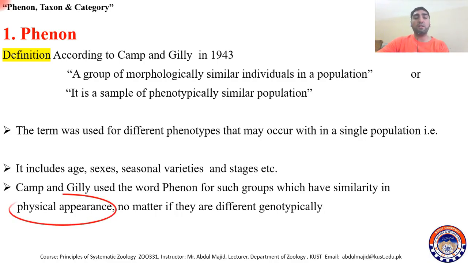So the physical appearance actually matters here in the definition of Kemp and Gilly. If the physical appearance of some organisms is similar, there is one phenon. It doesn't matter whether they are genetically different or similar, but if they are physically similar, this is phenon.